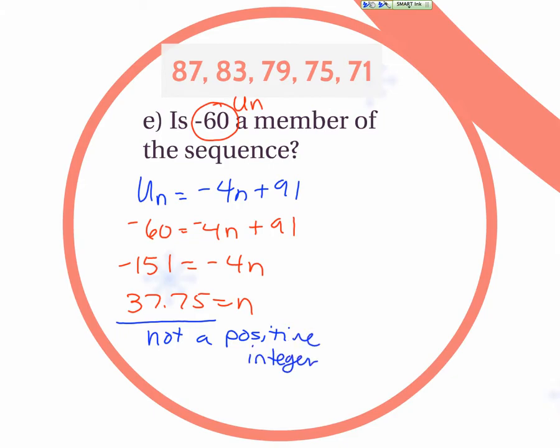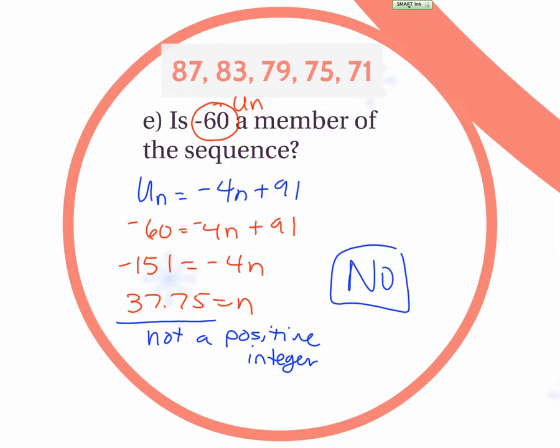So then the answer is no, it's not in my sequence. And if you ended up with the situation that Taylor explained, with a negative number, you'd still say no, it's not a member of our sequence. Now, if this came out to be positive, then we would say yes, it is a member of our sequence.